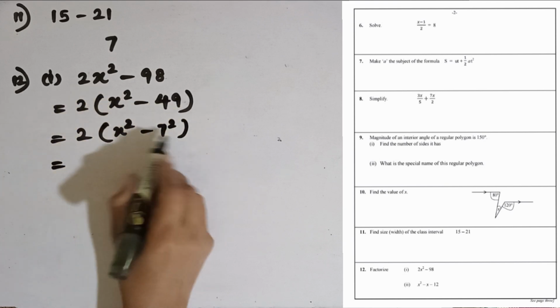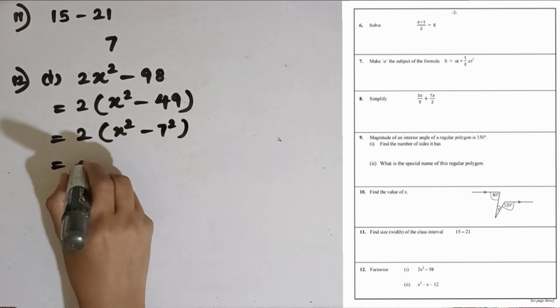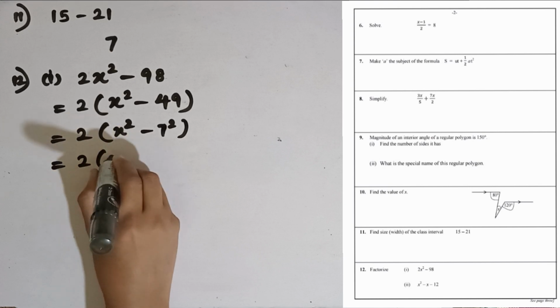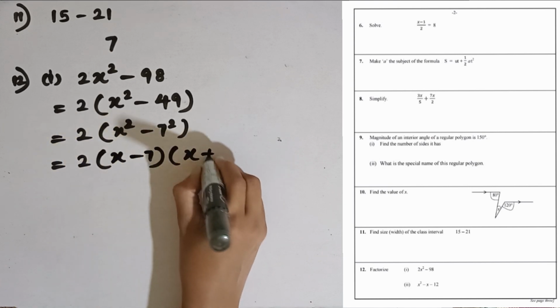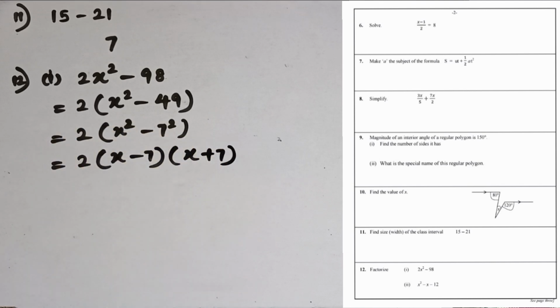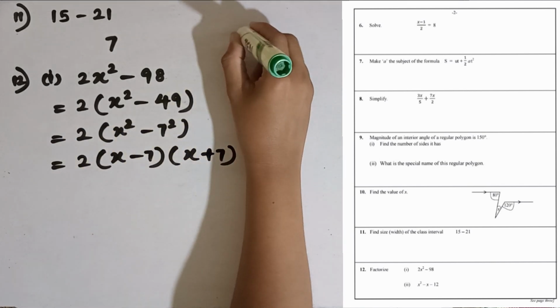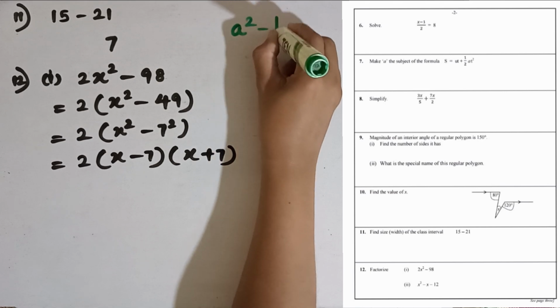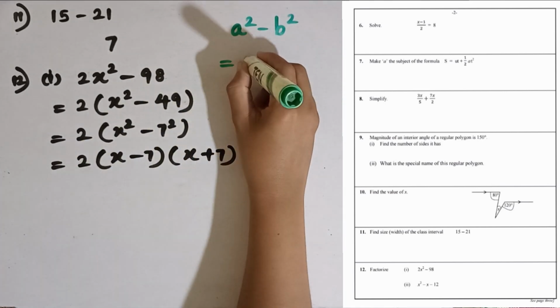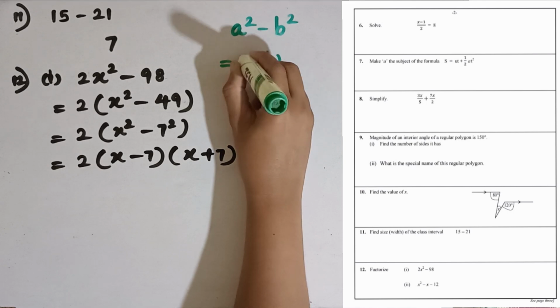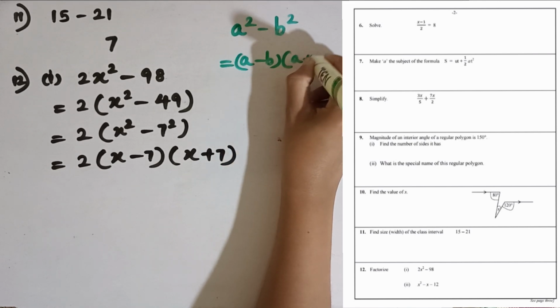Now, difference of 2 squares. We can use that: 2 times (x minus 7) times (x plus 7). That means if you take the difference of 2 squares as a squared minus b squared, the two factors are a minus b and a plus b.